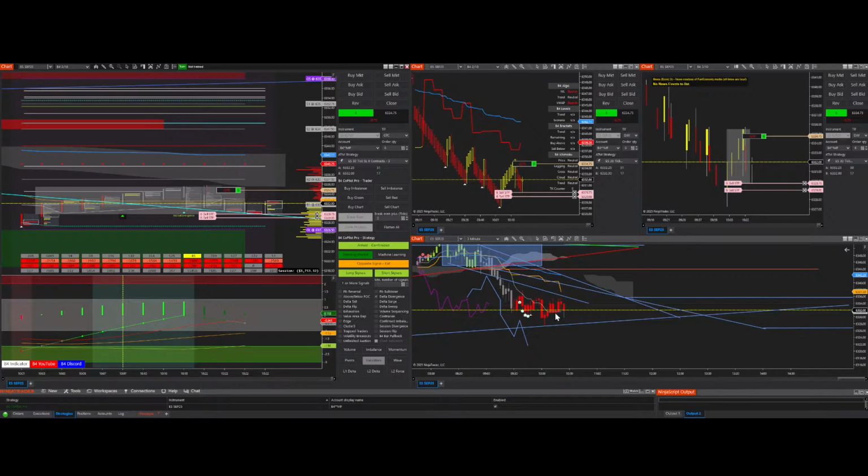We got this support here. If we break that line, it could be some good movement. That's 3 touches of it right there. 1, 2, 3. If we break it, it could be a good move.